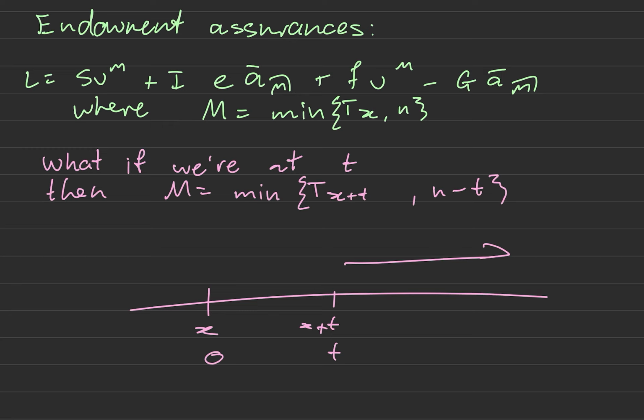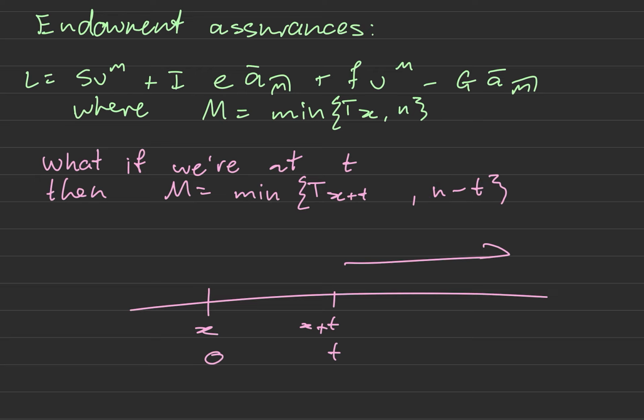Why is that? Well, I'm doing this for the complete future lifetime of a life now aged x plus t, and the complete future lifetime for a life aged x plus t is different to a life aged x. And so I must discount it by T x plus t years. But if they survive until the end of the contract, where the contract has n years in it, but we're already t years into the contract, then I only have to discount it by the remaining n minus t years.